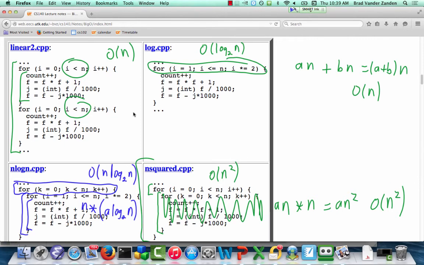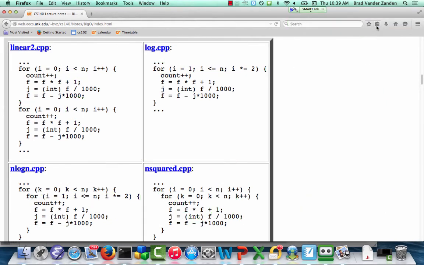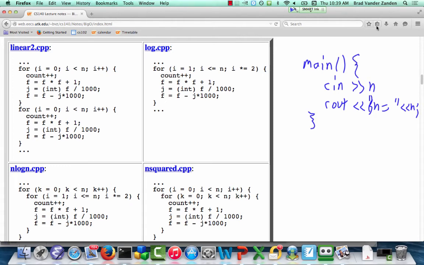Okay. And if I just have a program main, and it's like cin n, cout n equals n. Okay, there's no loop in this one, so we say its running time is order 1, or constant time.